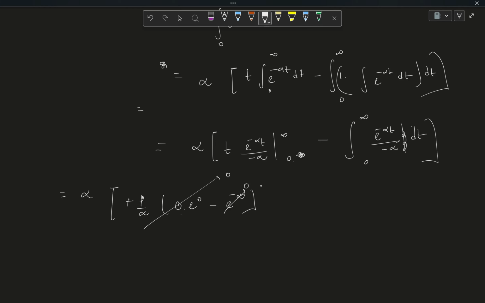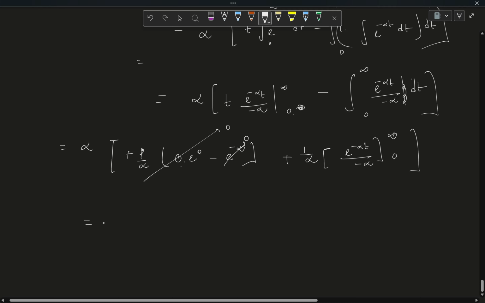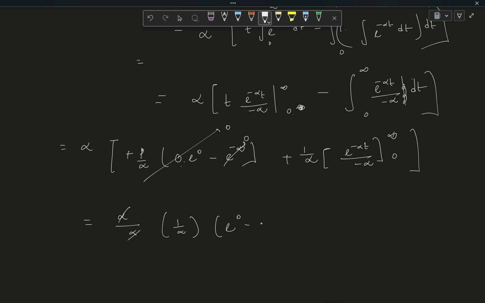So the whole thing becomes 0 minus, and this minus becomes plus, then again e to the power of minus alpha t by minus alpha, 0 to infinity. So this is alpha by alpha, then 1 by alpha, e to the power 0 minus e to the power of minus infinity.